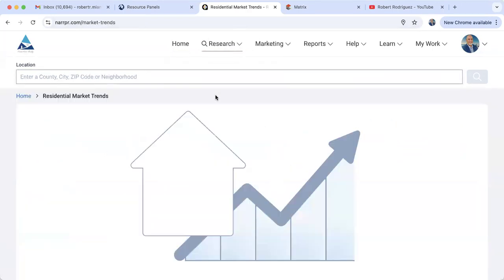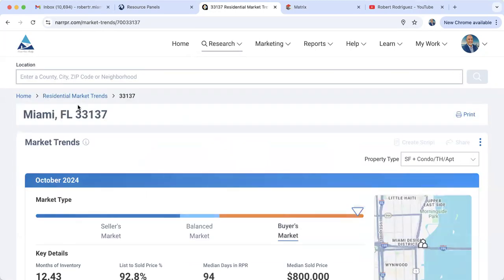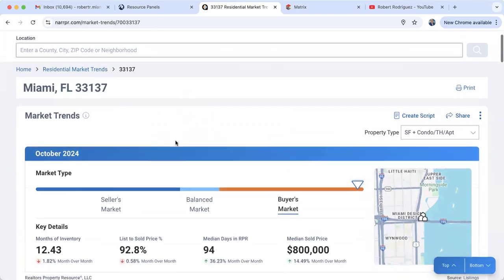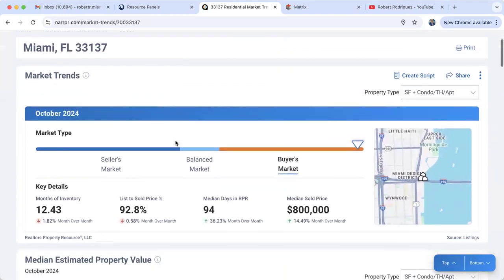Let's go ahead and click there. And let's say I wanted to do the stats for zip code 33137. All right, 33137, which covers the Midtown, Edgewater, Wynwood area of Miami, right? And this is going to be the stats for zip code 33137.